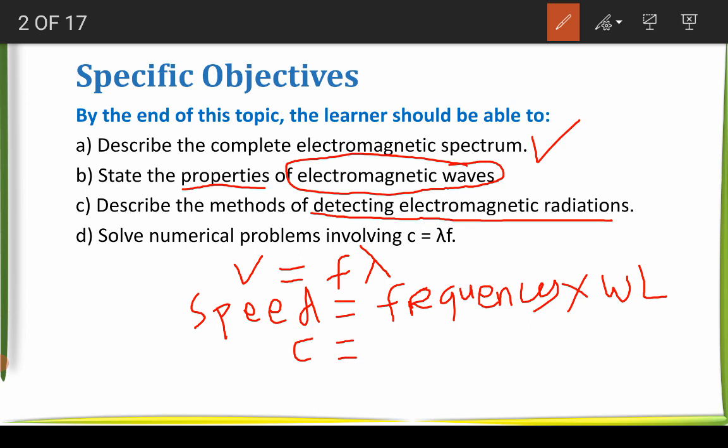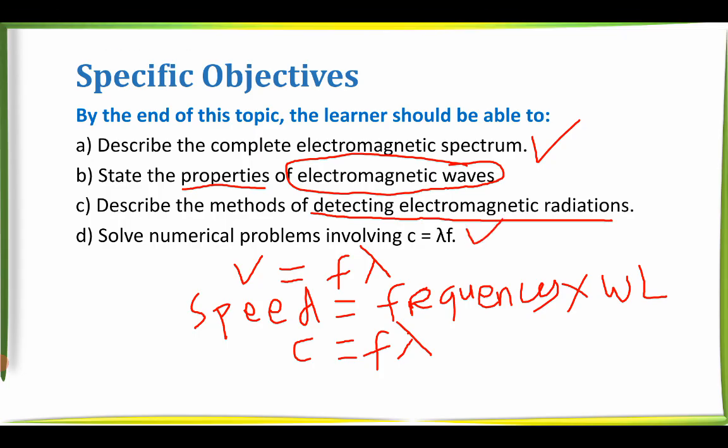So we are saying the speed of light, speed of X-rays, speed of gamma rays, radio waves, is given by the frequency multiplied by wavelength. Remember that wavelength is represented by the Greek symbol lambda. So these are the areas that we are going to focus on.